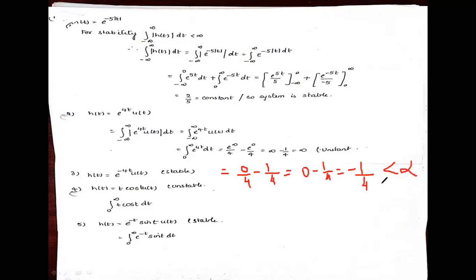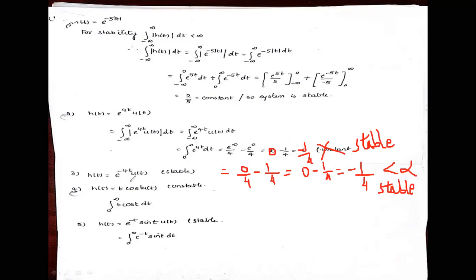So less than infinity means a stable system. Don't write it is 0 here, and it is minus 1 by 4. It's not unstable, my dear students. It is a stable system.